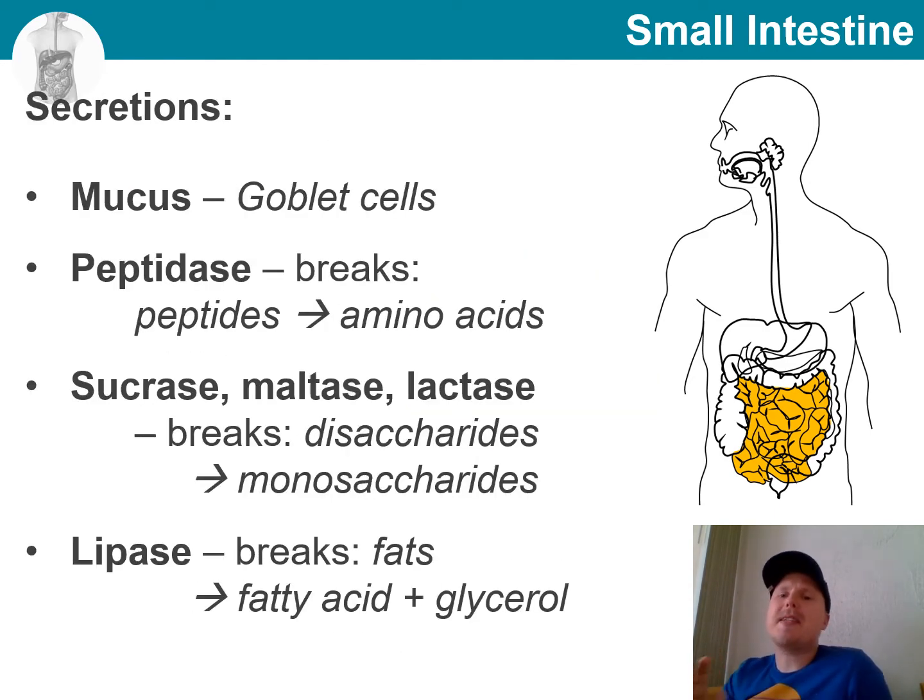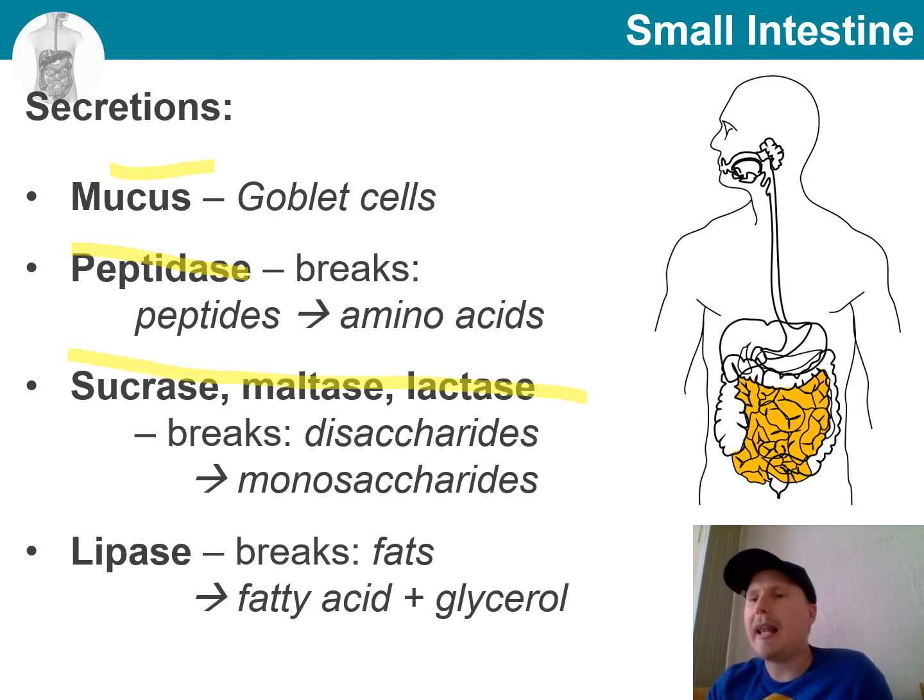Let's have a look at the secretions of the small intestine. Mucus is secreted by the goblet cells. And then we have a range of digestive secretions. Peptidase breaks down peptides, as the name suggests, so these are converted into amino acids.